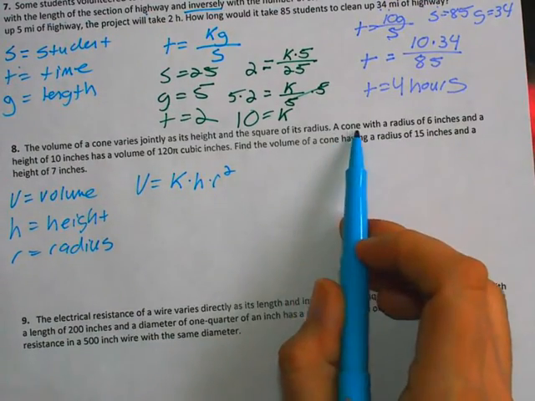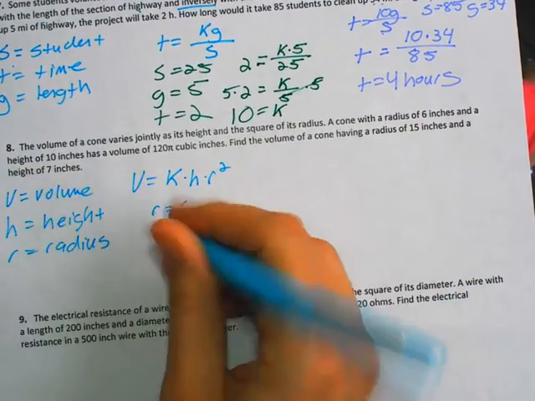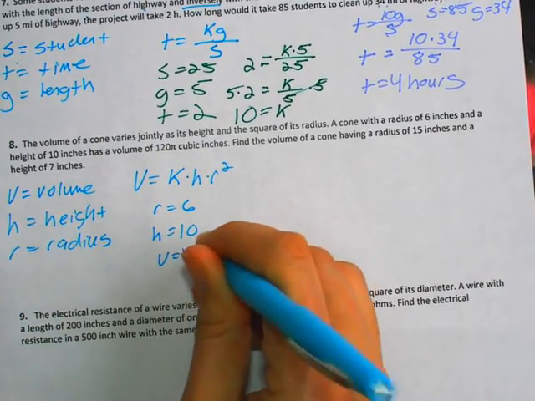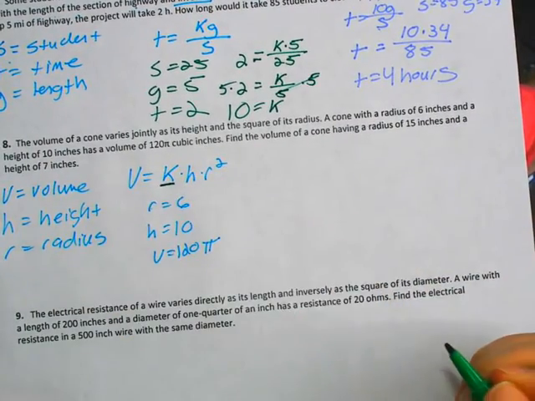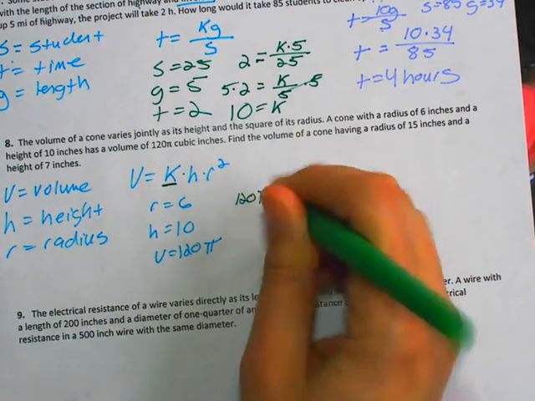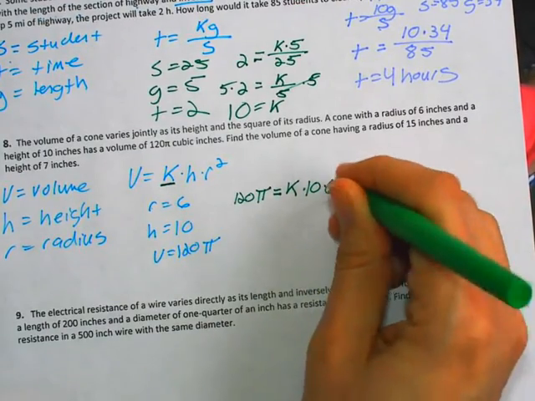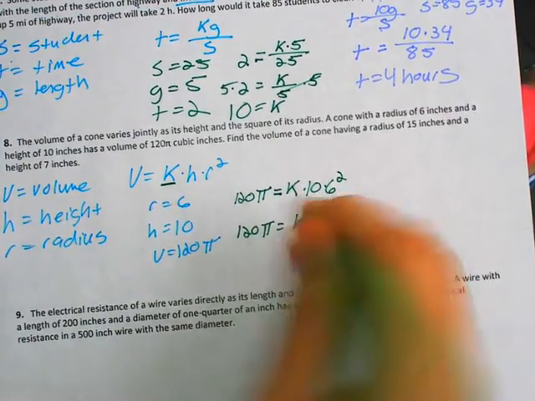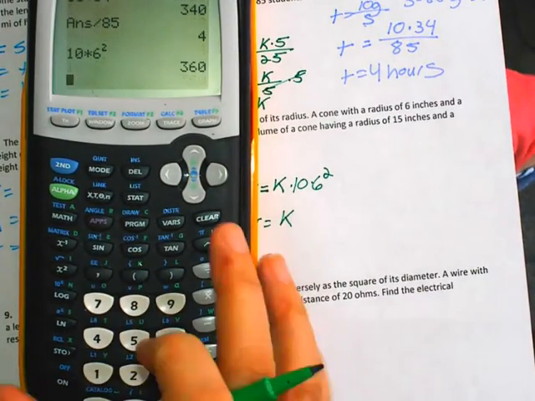Okay, a cone has a radius of 6, so R equals 6, and a height of 10, has a volume of 120 pi. I need to know what my constant is, so I'm going to substitute in 120 pi equals K times my height times my radius squared. So 120 pi equals K, 10 times 6 squared, 360.